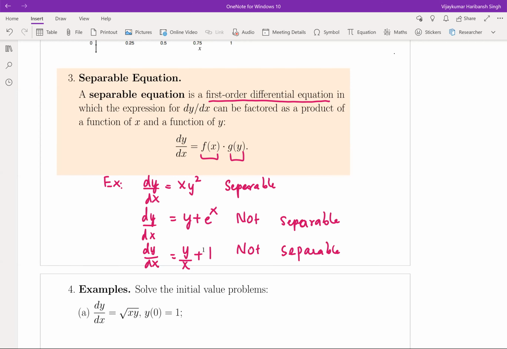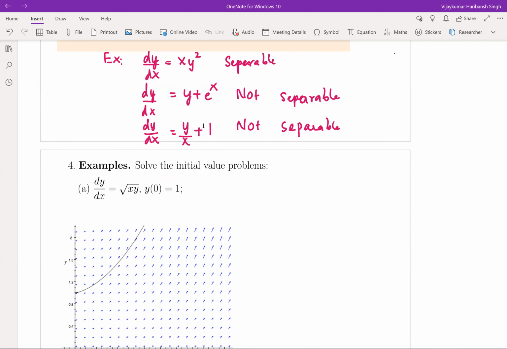Now let's solve the following initial value problem. So this is separable, right? Because you can write it as square root of x times square root of y, if x and y are both greater than 0. Then it is separable. So how do we solve it? First, separate x and y to different sides of the equation.